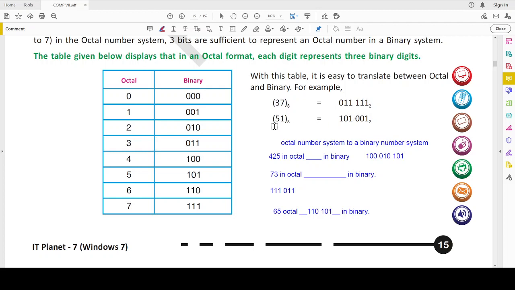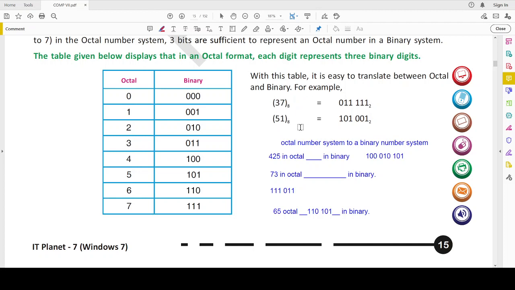Right? 5, 1 in octal is written as 1, 0, 1, 0, 0, 1. So if you memorize this whole table, you will have no difficulty in converting from one representation into another.